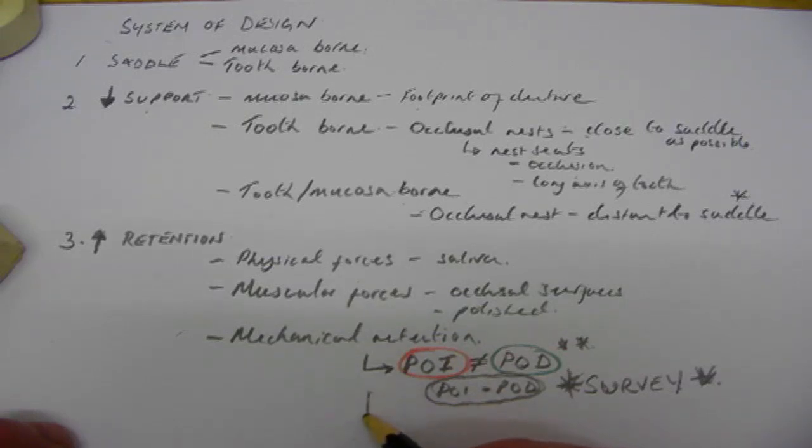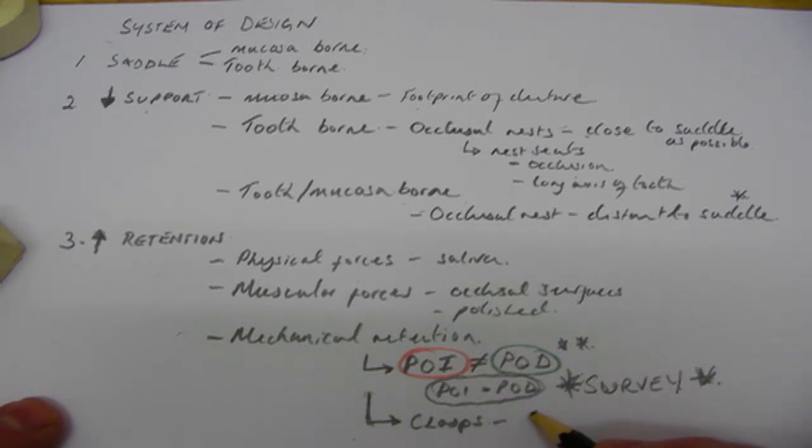So the second mechanism of providing mechanical retention is by providing clasps. Again, clasps go into the undercuts either on the buccal or the palatal aspect of a tooth.